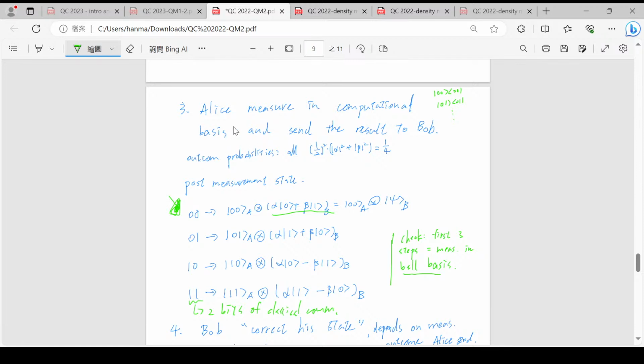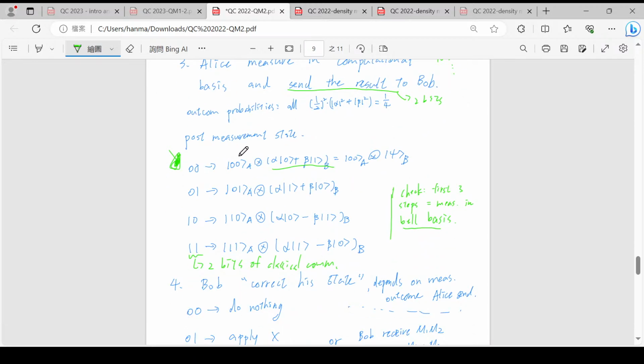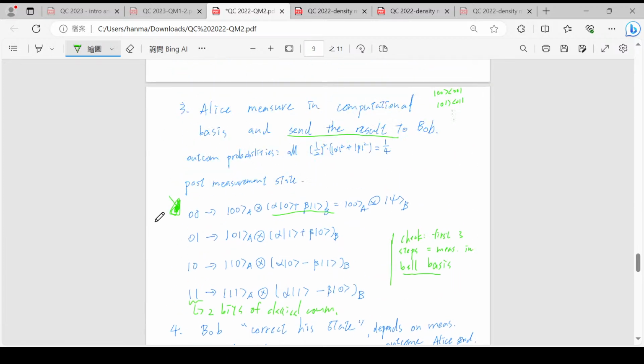Here the sent result is 2 bits. So we see that no matter what, Alice has 1/4 probability to get any of the measurement outcomes, and once she sends the measurement outcome to Bob, then Bob knows which one of the 4 cases he's in.